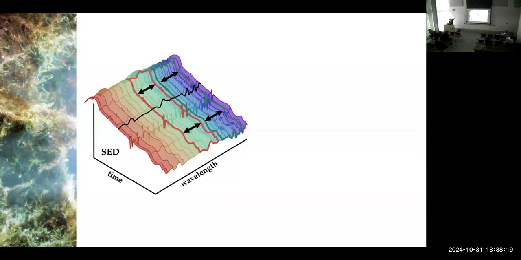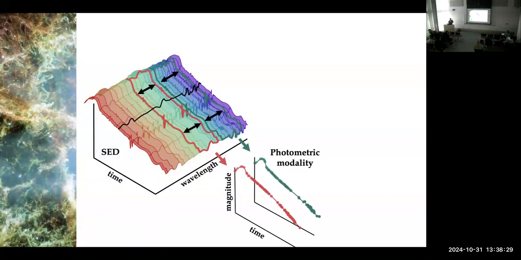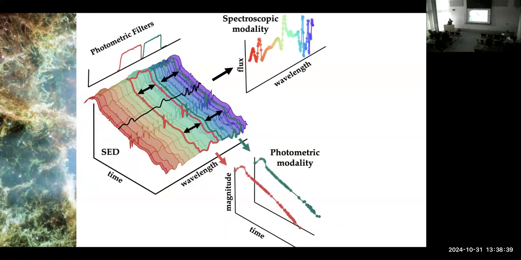On the y-axis there is the amplitude, and we have time, and we also have the wavelength. So the photometric modality effectively represents an average of that over frequency with some photometric filters. And we also have spectroscopic follow-ups, which effectively are just a cut through that surface. And this is all of the information that we can get from supernovae to identify them.